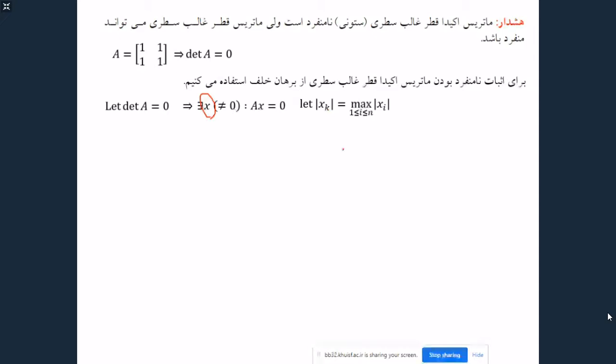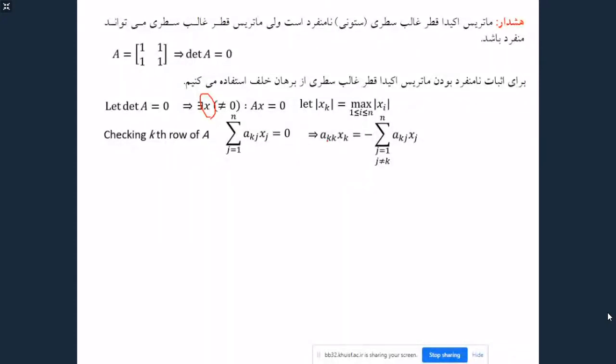So taking the kth row of the system Ax, we have the summation from 1 to n of a_kj x_j equals 0.